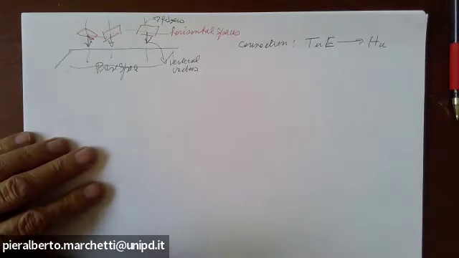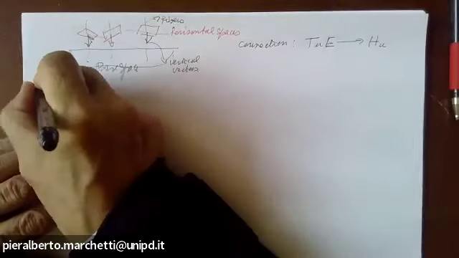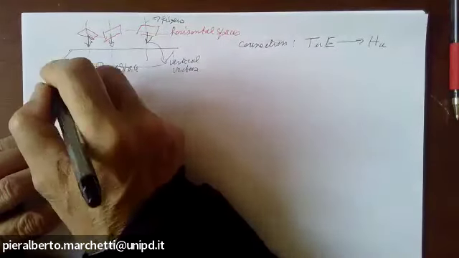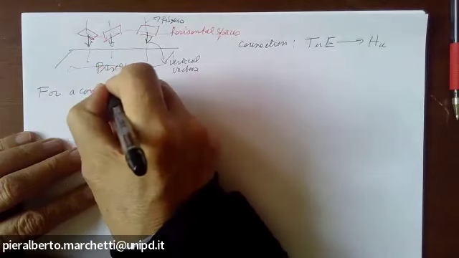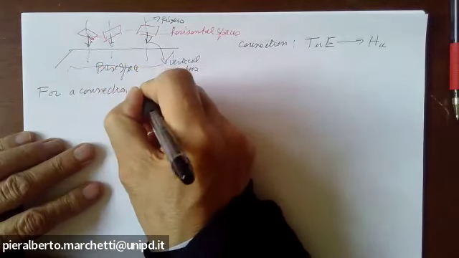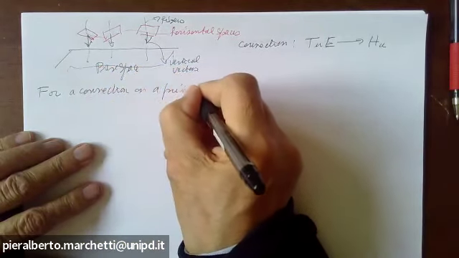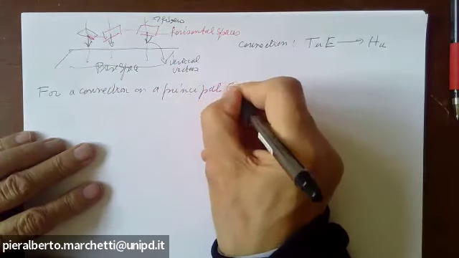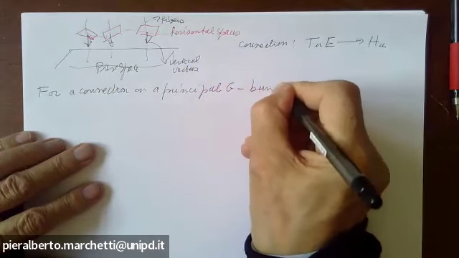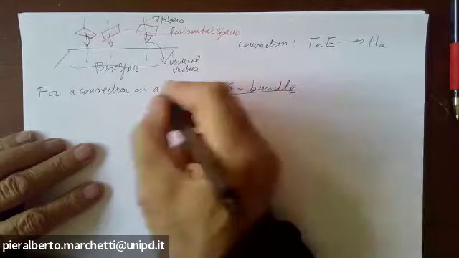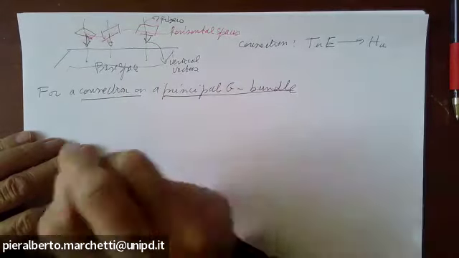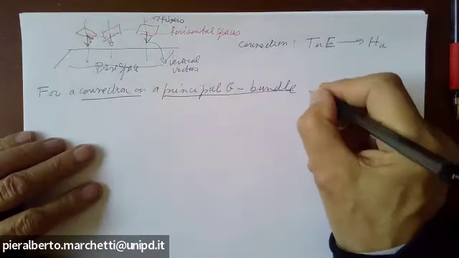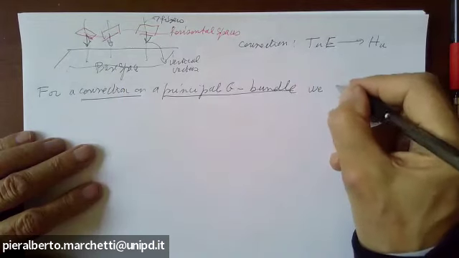Now we come to the one which has strict relation with the gauge field. We consider a connection on a principal G bundle. So for a connection on a principal bundle, we require more.